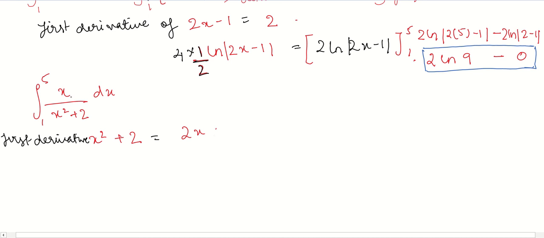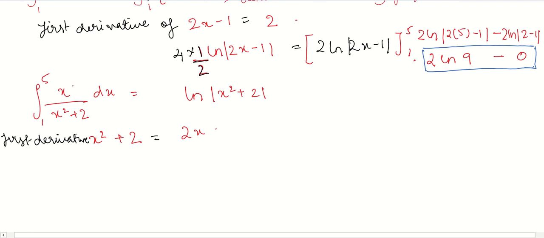Now in this fraction, we have x, we don't have 2x. So if we write ln of x squared plus 2, we are considering that the numerator has 2x.